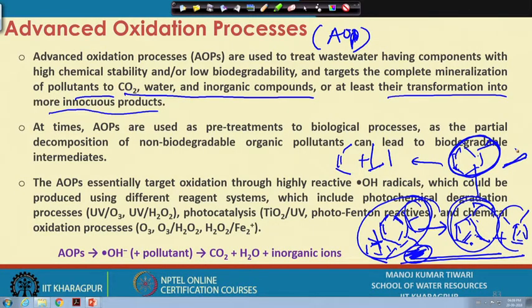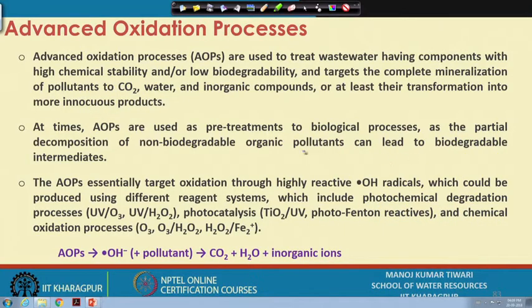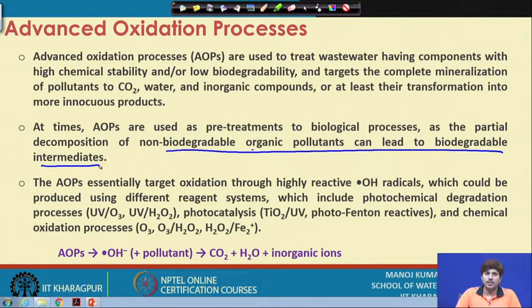We can do a couple of steps where the non-biodegradable organic compounds are converted to biodegradable organic compounds. When they are converted to biodegradable intermediates, we can stop the process there, and from there onwards go for the biological treatment systems where these compounds will then be degraded completely.